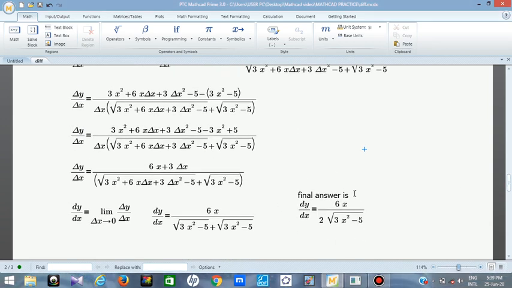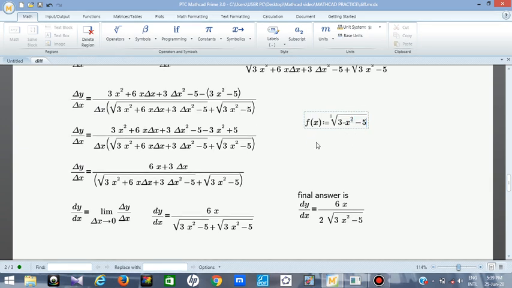So let me just confirm this answer I got from this my PTC math card software. Let's see if this answer is correct. Let me define my function f of x as the question. The question we just differentiated is square root 3x squared minus 5.